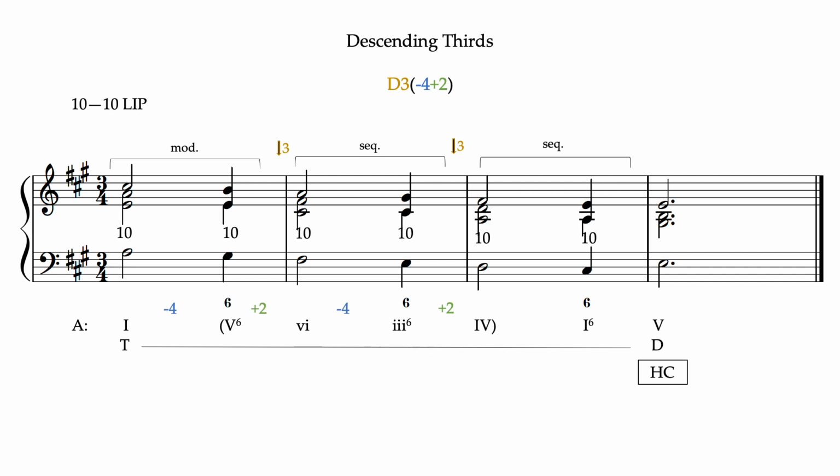Notice what the alto voice is doing. It's all over the place. And notice what the tenor voice is doing in conjunction with it. The tenor voice is also doing a little bit of leaping, going down a third.